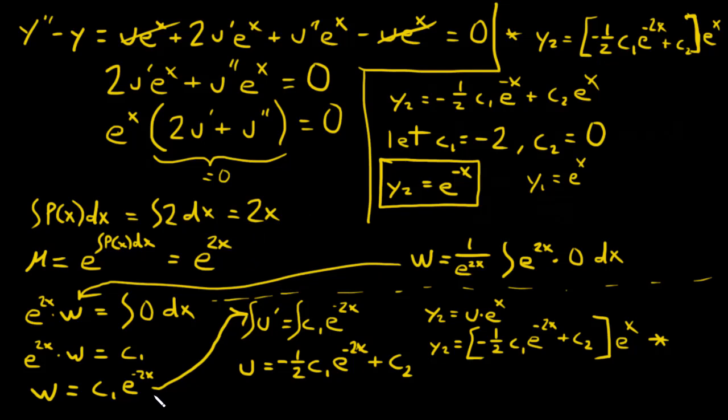We do all of that. We then go back into U prime, take the integral, get to U, and then we wind up choosing our C1 and C2, and out pops the second solution, just sitting there.